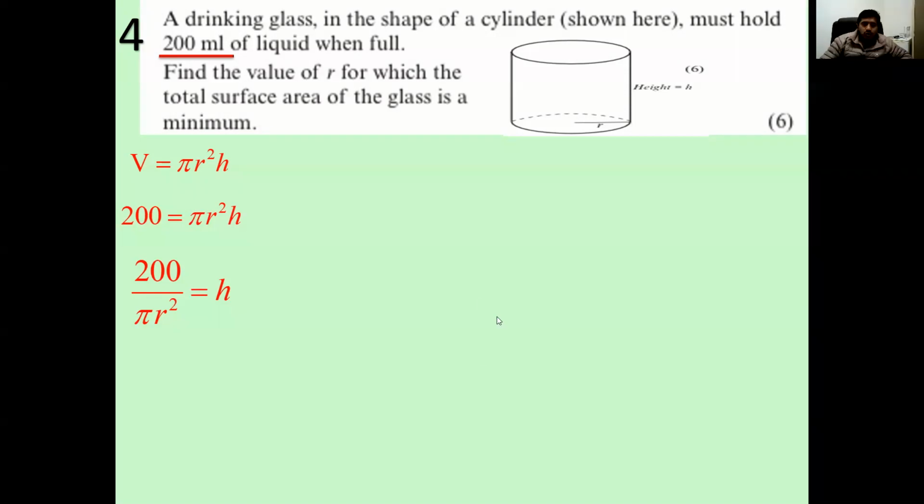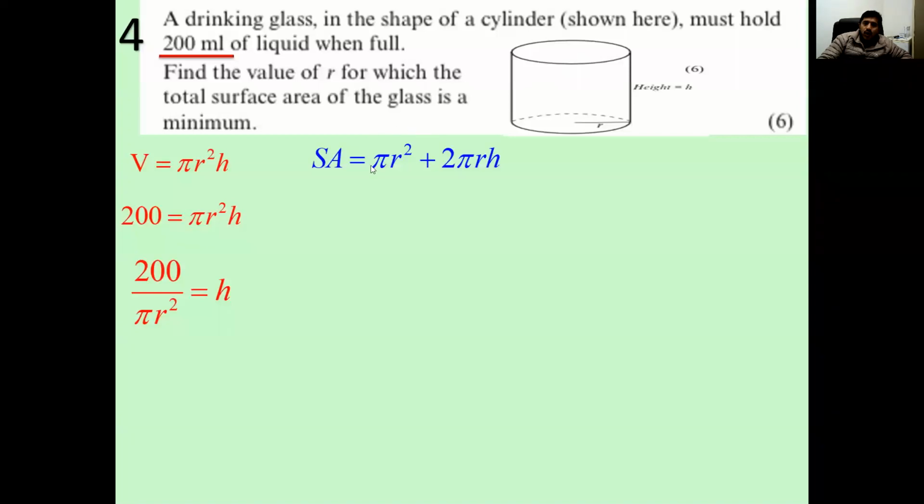All right, so let's go to the surface area formula. Now, what is the surface area formula for a cylinder? So let's inspect the shape. There are two circles, a circle at the bottom and a circle on the top. So normally it will be 2 pi r squared. But remember, this is a drinking glass and it does not have a top.